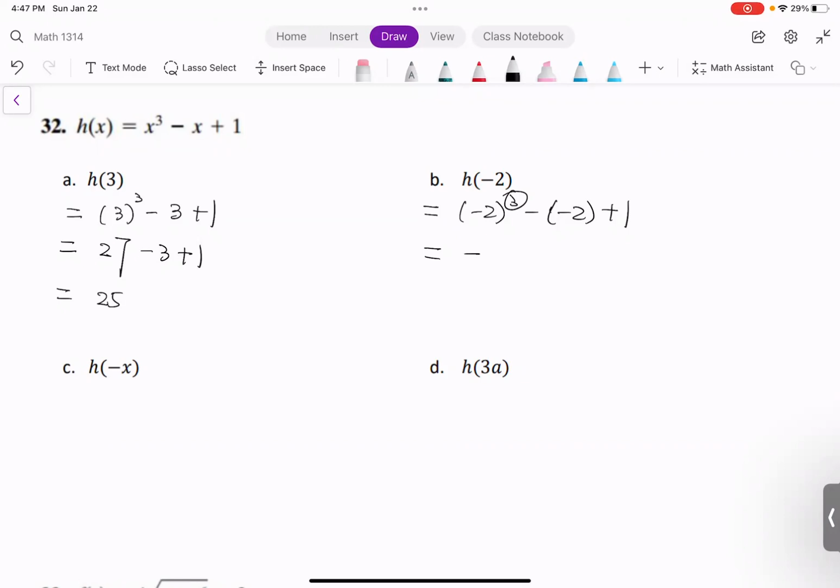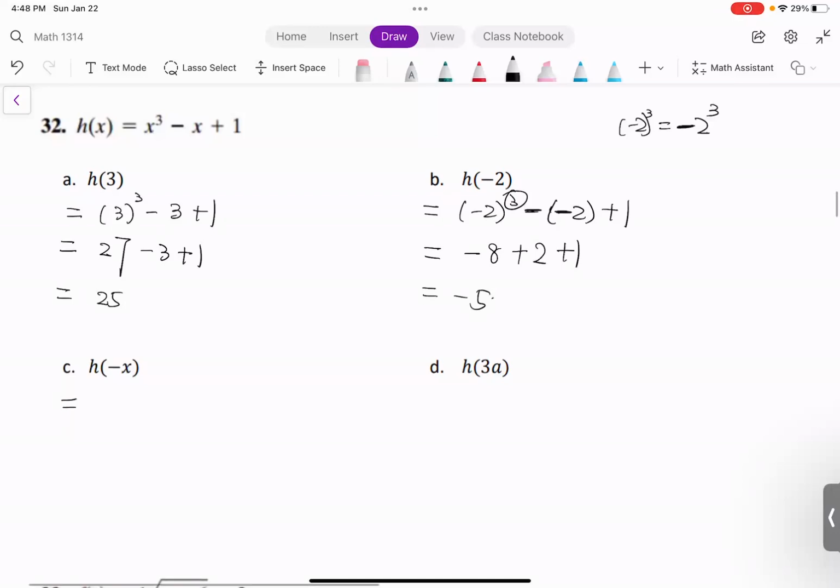So negative 2 cubed equals negative, and I can pull out the negative sign in front. 2 cubed, that's 2 times 2 times 2, that's 8. Minus negative means plus 2, plus 1. This is negative 5.